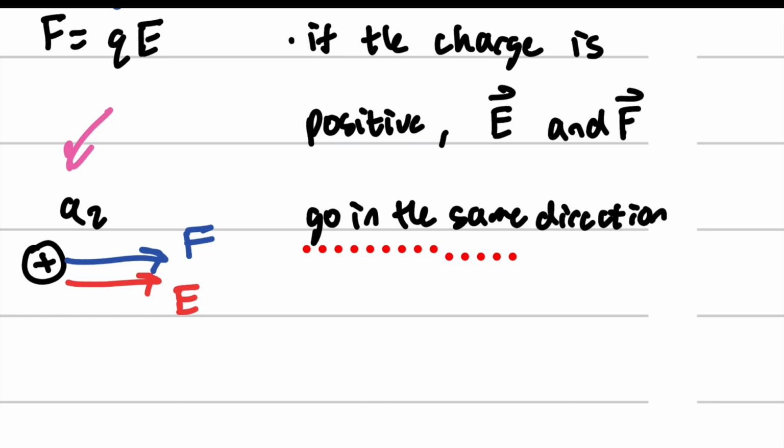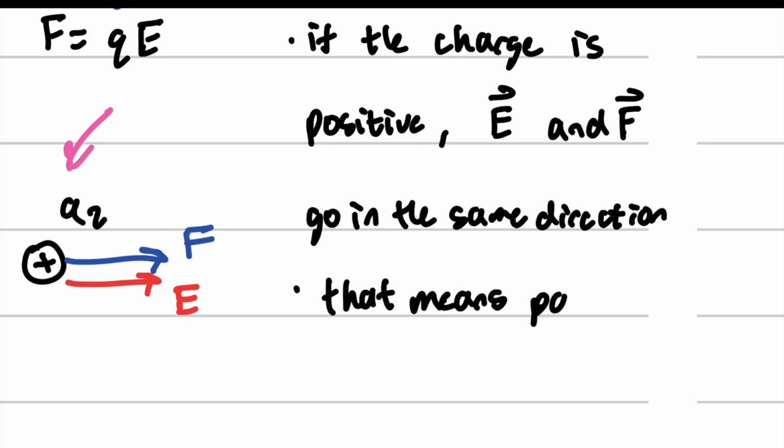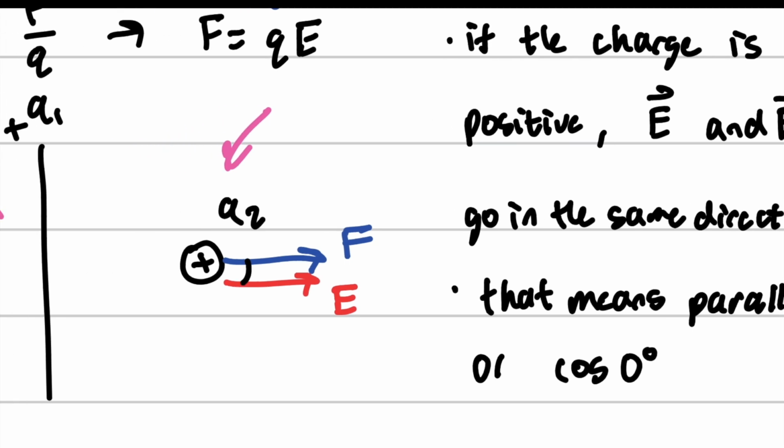Right? And to be a little more precise, that means parallel, or cosine 0 degrees. Okay, because the cosine between these guys is going to be 0.